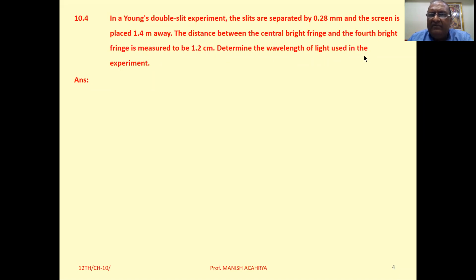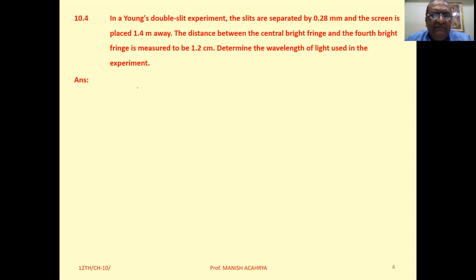Determine the wavelength of light used in the experiment. Okay. Now see, here the given information is slits are separated by 0.28 millimeter.